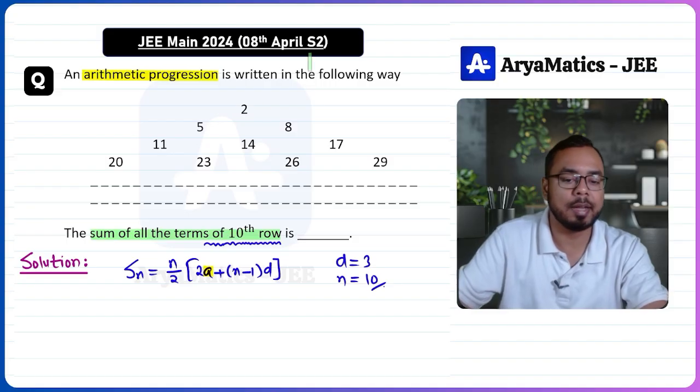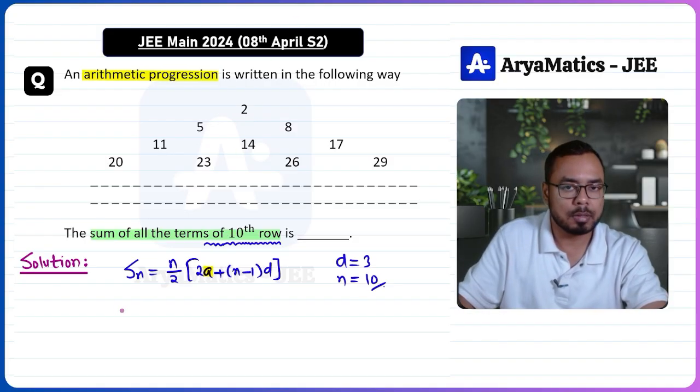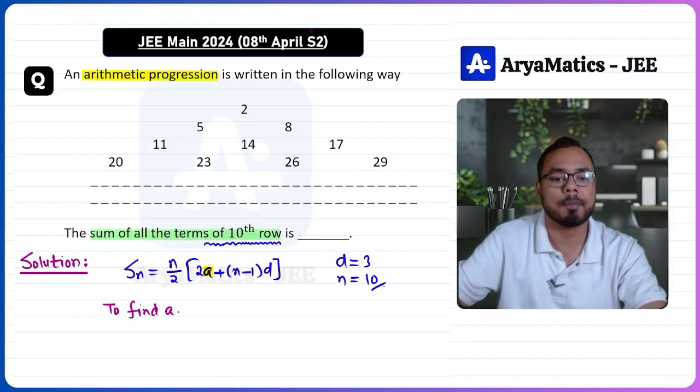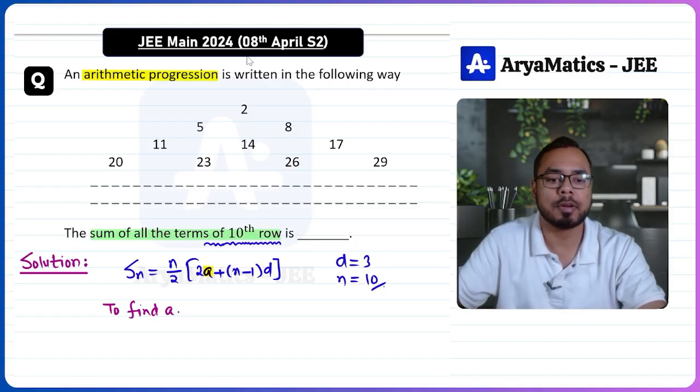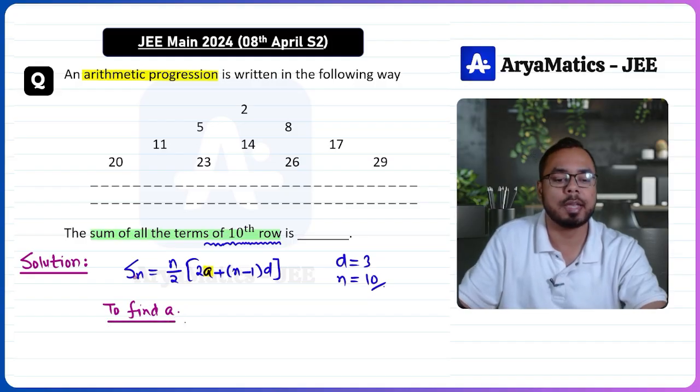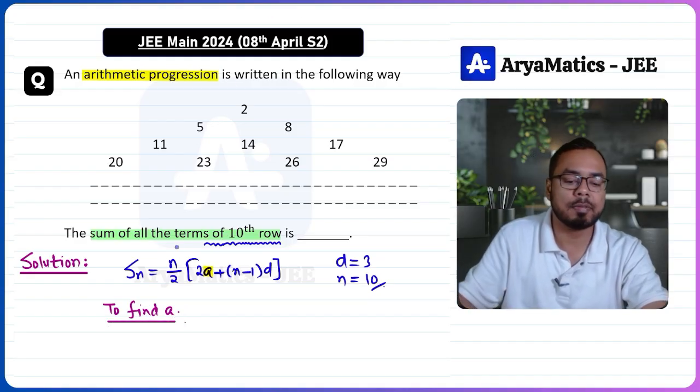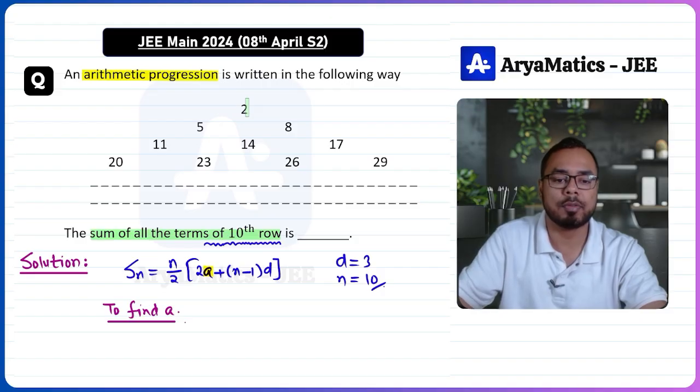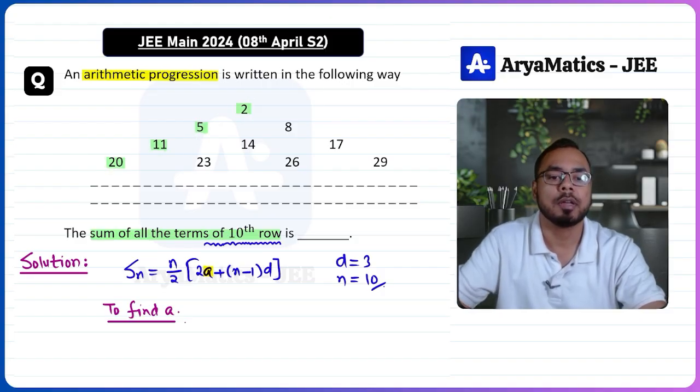Now, for finding the first term, there are different methods. The major part of the problem is to find the first term a. Once we get a, the first element of the 10th row, we can easily get the sum. For finding the first term, one approach is to notice the first terms here: 2, 5, 11, 20, and so on.